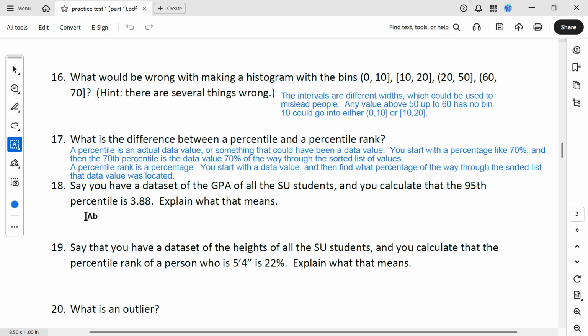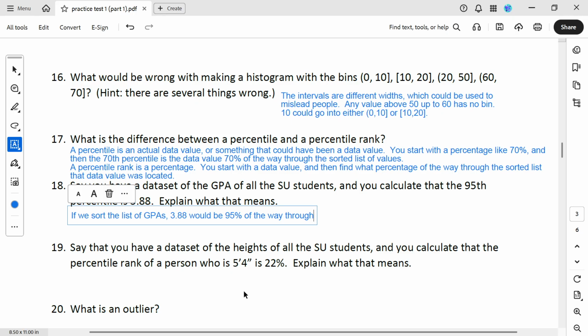Okay, say you have a data set of the GPA of all the SU students, and you calculate that the 95th percentile is 3.88. Explain what that means. Okay, so it means that if we would sort the whole data set, sort the list of GPAs, 3.88 would be 95% of the way through, meaning from smallest to largest.